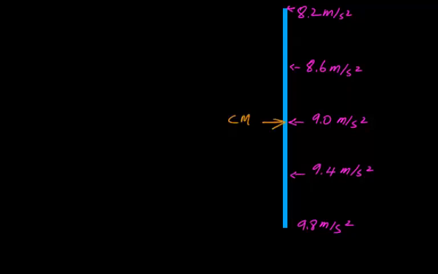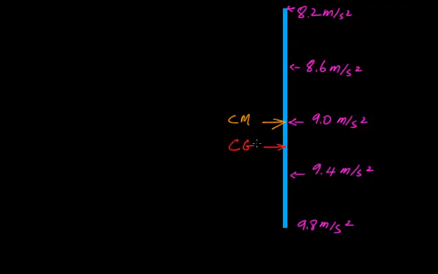The question is, is it possible that we're going to be able to balance this rod from the exact center point, which is the center of mass? The answer is no, because there is more pull on the lower part than on the upper part. Therefore, what do you expect the center of gravity to do? It is going to shift down to a point like here.